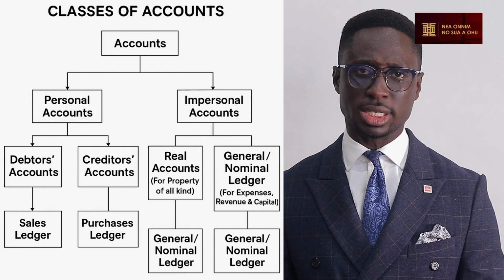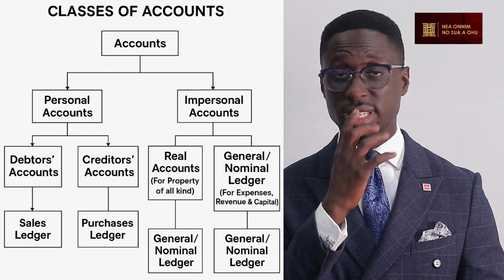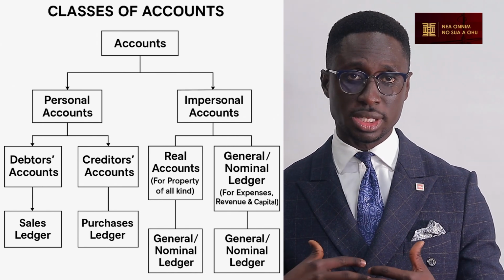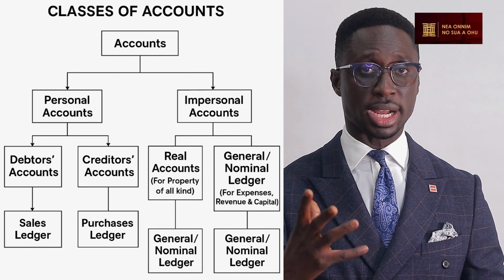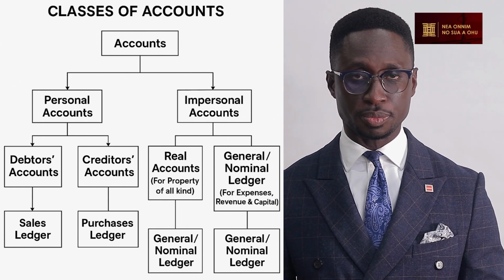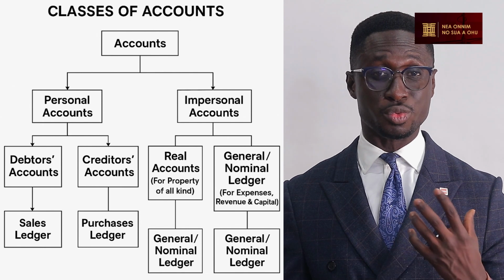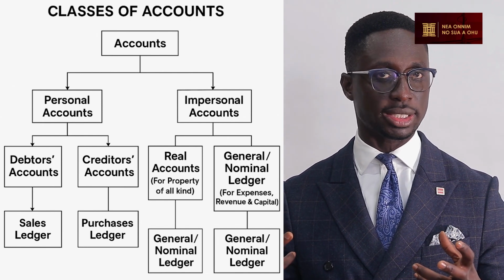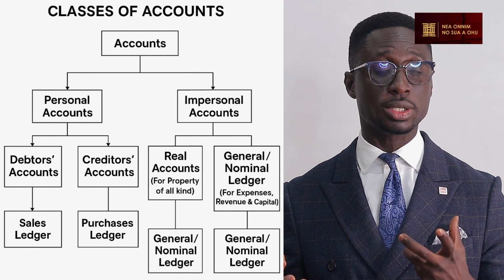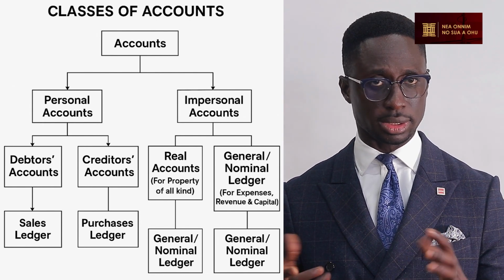As the name suggests, these accounts typically do not have to do with any personal relations or primary parties that we are dealing with. So for this, we will typically have those we call the real accounts and the nominal accounts.